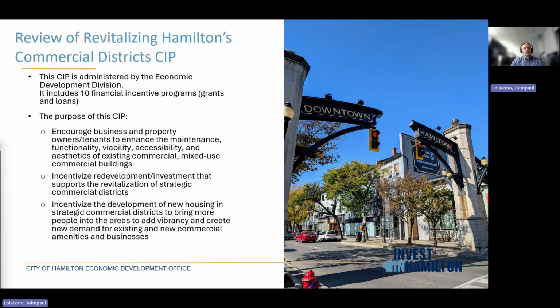But the other thing that this CIP does is it connects the development of new housing along the commercial corridors and within the commercial districts to really providing demand for existing and new commercial businesses and amenities, and therefore helping revitalize these commercial areas.